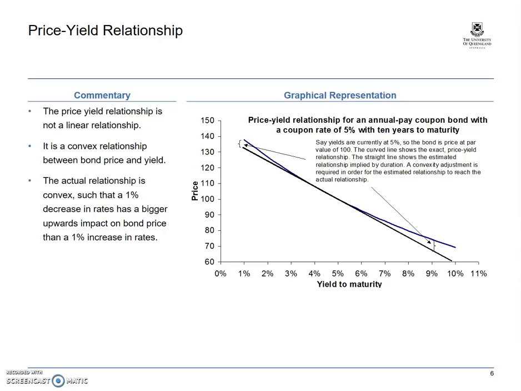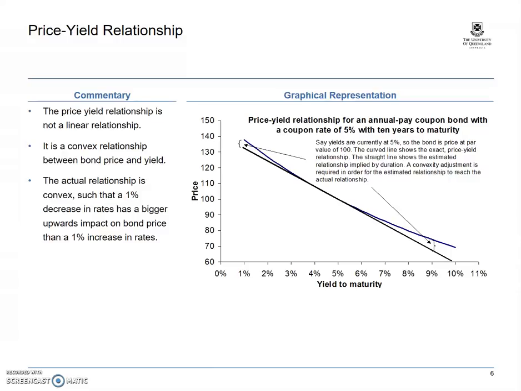This is what we call the price-yield relationship. You can see in the right-hand graph that as the yield to maturity increases, the price of the bond will fall. And if the interest rate decreases, then the price of the bond will increase.